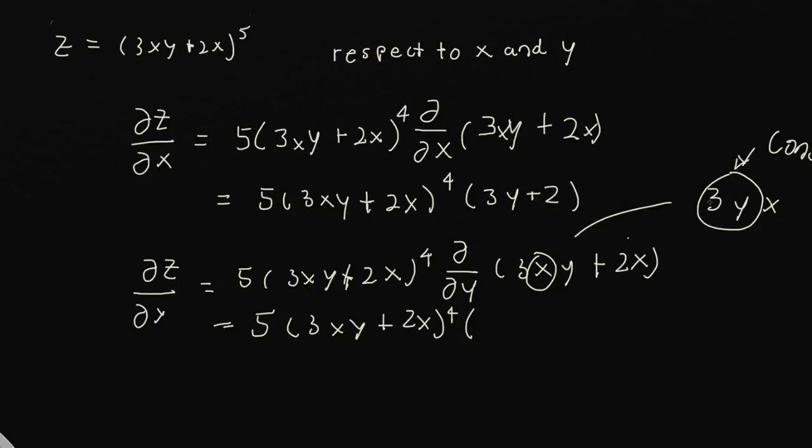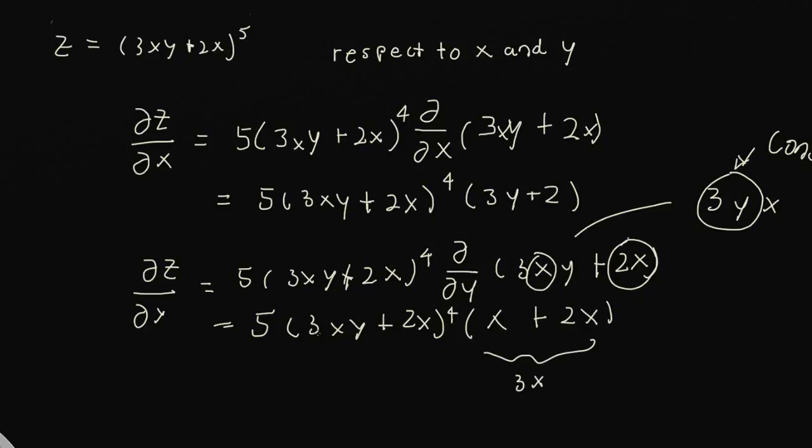So when we take the derivative of this, we only get x plus 2x. It's 2x because we're holding x fixed, right? It's a constant. Thus, we have 3x, right?